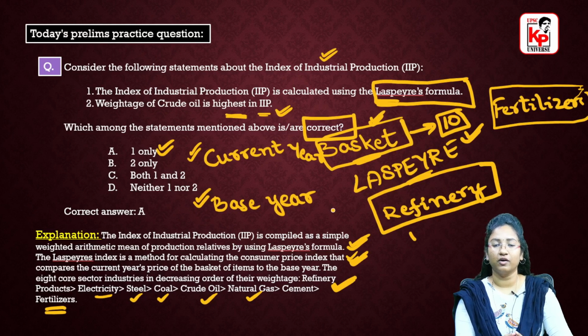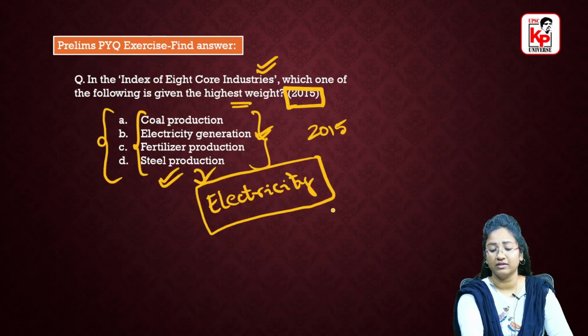So refinery products have the highest weightage, do remember that, followed by electricity, then we have steel, coal, crude oil, and then natural gas, cement and fertilizers. So these are the 8 core sector industries that we have, and this is the decreasing order of their weightage in IIP. You have to try to remember this order also, because a question has already been asked on this weightage.